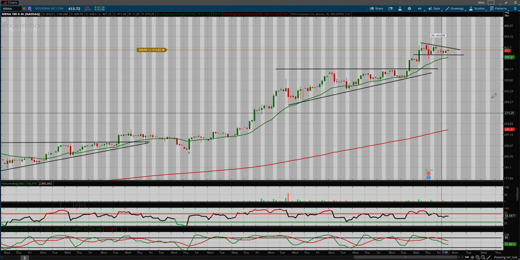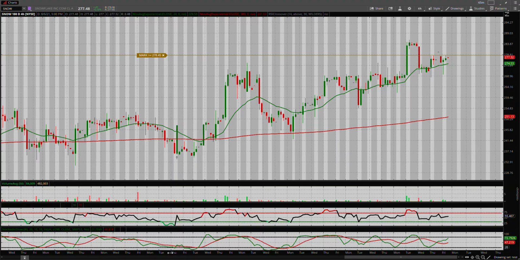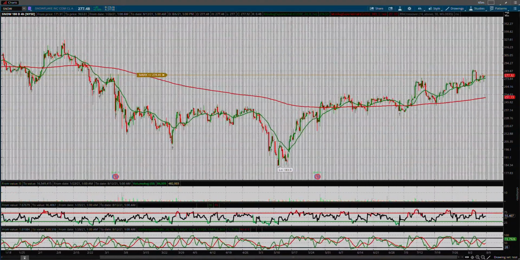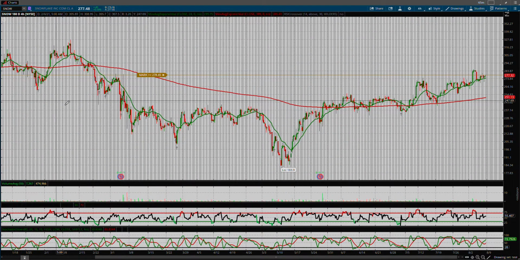All right, and one more thing I'm going to show is a supply and demand level, which can be very helpful. Let's see, this is going to be SNOW. So again, you can still look for patterns or setups if you can recognize any. I can see a couple triangles, a couple of flags.